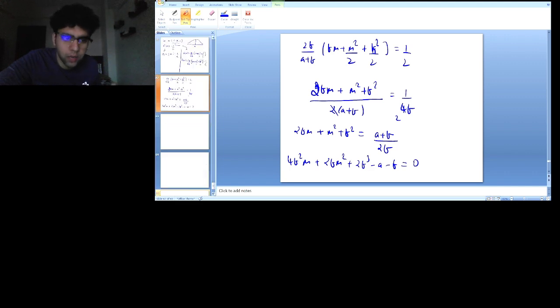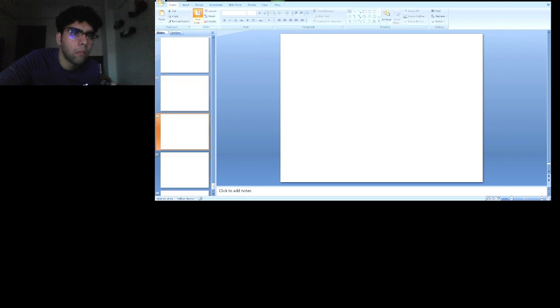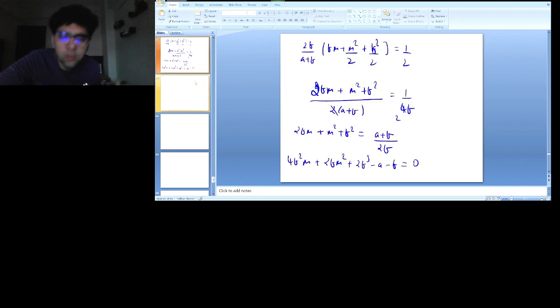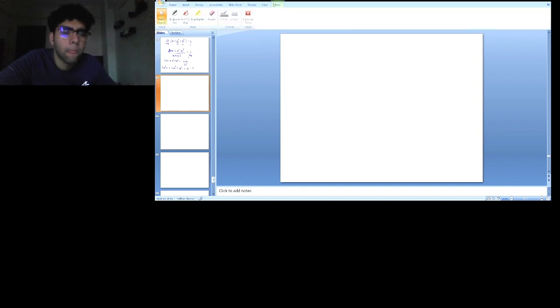This is a quadratic equation. So let's just find the b square minus 4ac term here. Just checking the discriminant here.